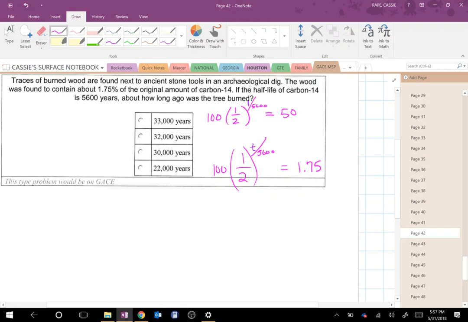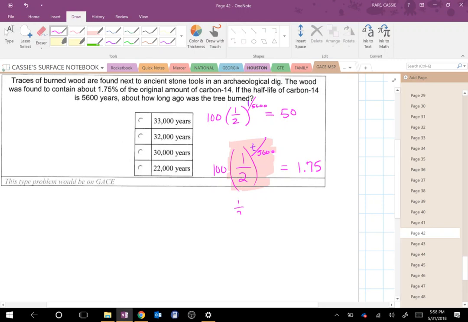All right, so let's take a look at this. What I need to do is somehow get that T isolated. When the T is in the exponent's place, the first thing to do is to isolate the entire exponential part of the expression. So I need this whole thing alone first. To get it alone, I'm going to divide both sides by 100.